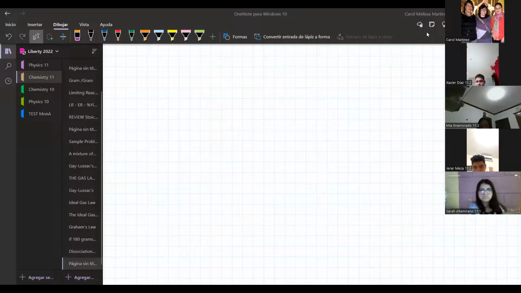Yesterday's exercise, the first one was already balanced, but I told you not to write the coefficients. Okay, so it was like this without the coefficients. I think at this point you all know why hydrogen and oxygen here are zero, right?